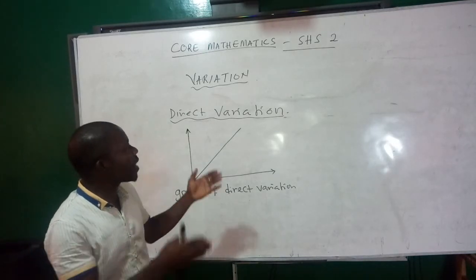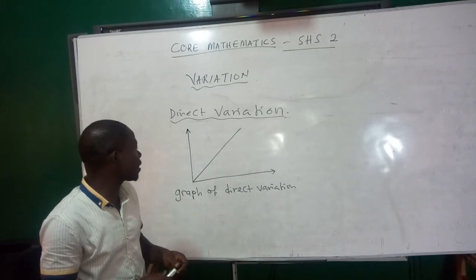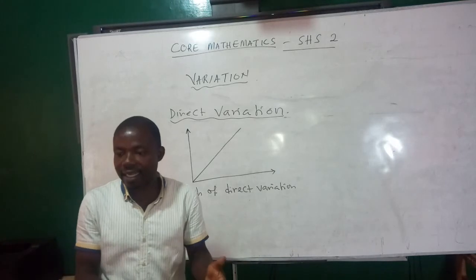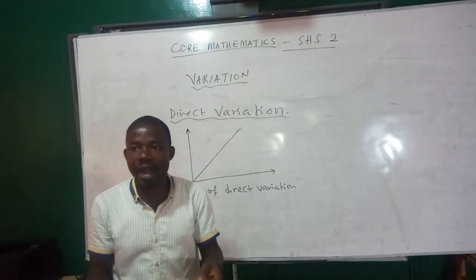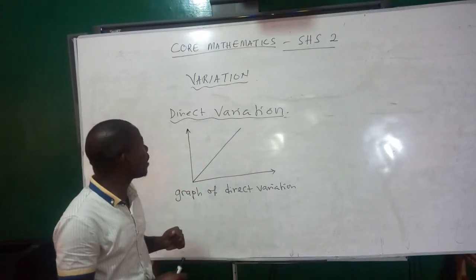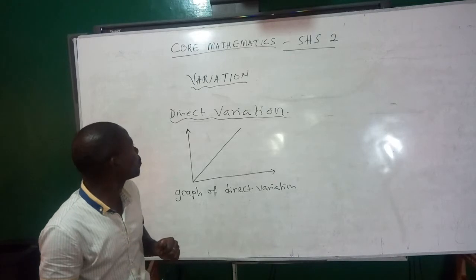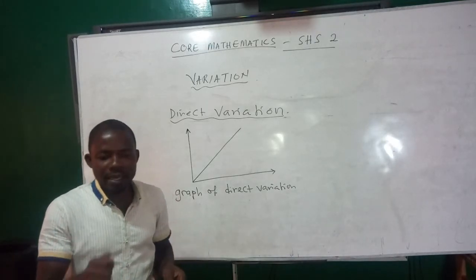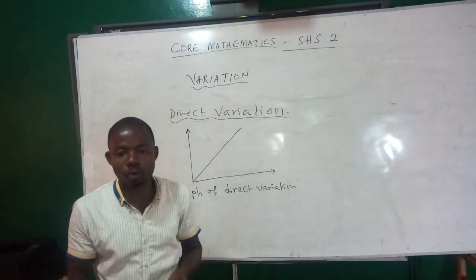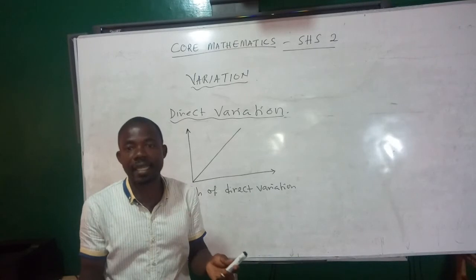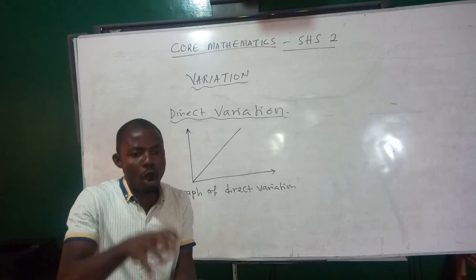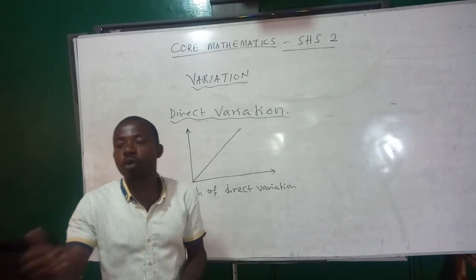Let's look at some real life examples on the direct variation. Like I stated earlier, that was a general example I gave, but this one is on the direct or the linear variation. When you deposit money in your savings account, you know definitely you are going to get an interest. So the more you deposit, the more your principal, the more your interest.